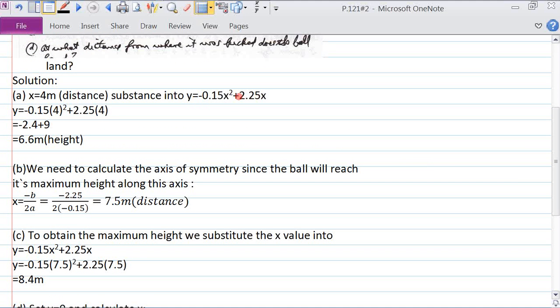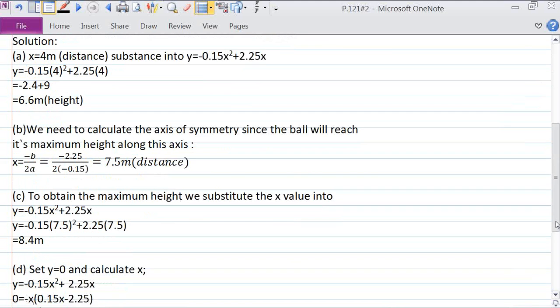Minus b is minus 2.25 right here, and a is minus 0.15, so 2a is minus 0.3. When you divide minus 2.25 by minus 0.3, you'll get 7.5. So 7.5 meters from where it is kicked, the ball will reach a maximum height. That's the key thing to understand in this problem.